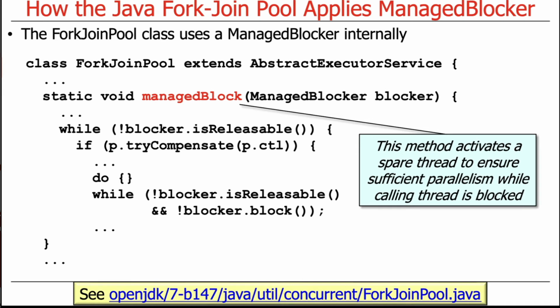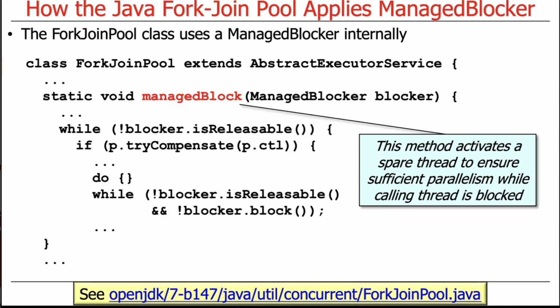And there's a static method provided here that's only intended for use with the common ForkJoin pool called managedBlock. That's the method you'll call when you want to leverage the managed blocker mechanisms available in the common ForkJoin pool. This method is programmed to activate a spare thread to ensure sufficient parallelism while a calling thread is blocked.